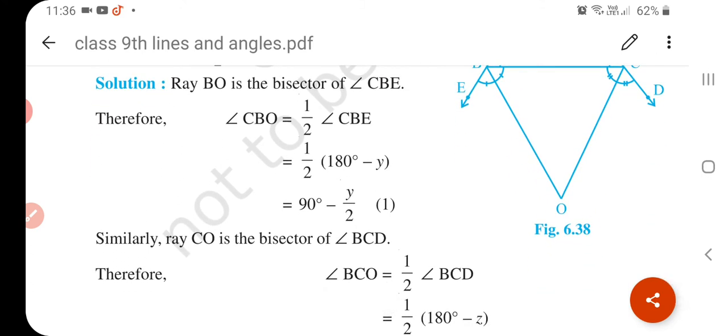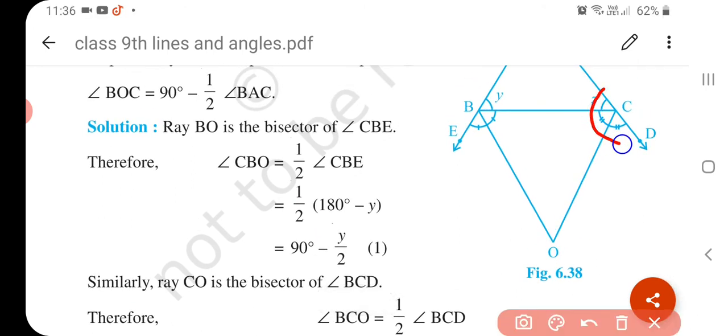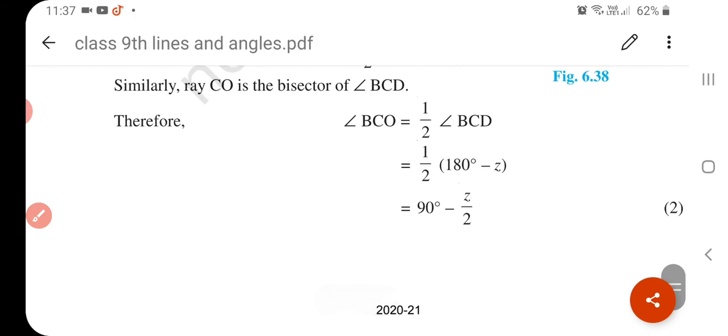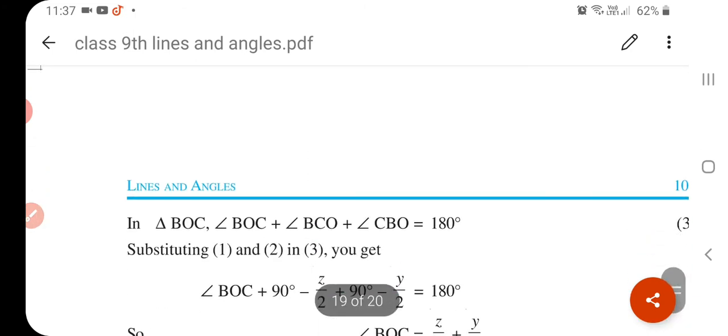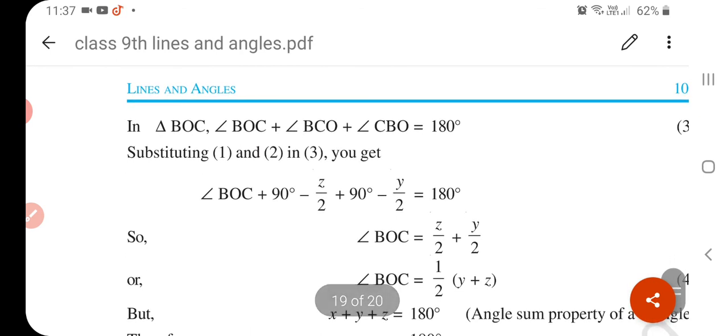Similarly, for the other angle we find Z, so it becomes 90 minus Z by 2. From both equations, BOC plus BCO plus CBO is equal to 180 degrees, because of the angle sum property of a triangle.